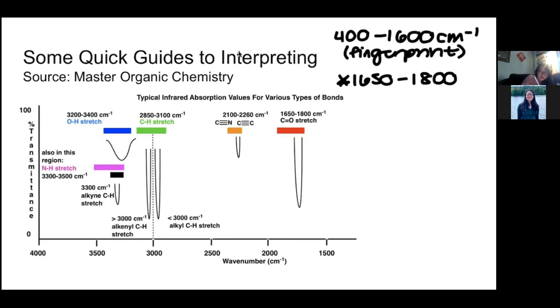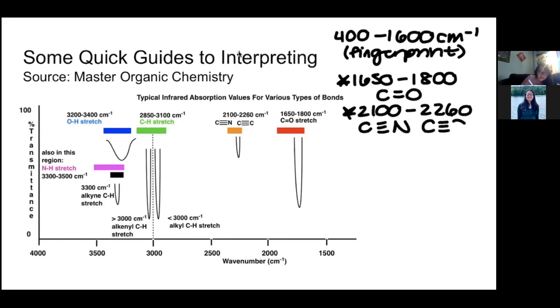That's going to be your carbonyls, C to O double bond. 2100 to 2260 tends to be your C to N, C triple bond C. 2850, 2700 tends to be your C to H's for your aldehyde specifically.